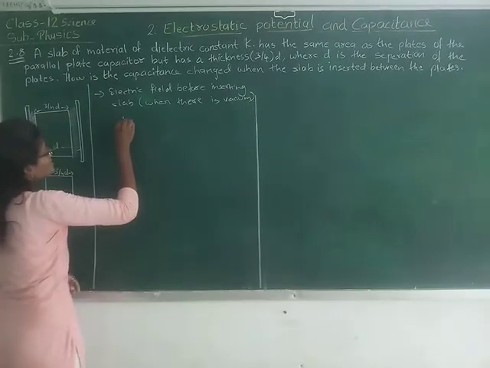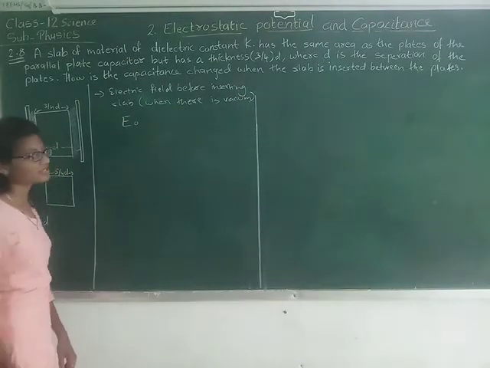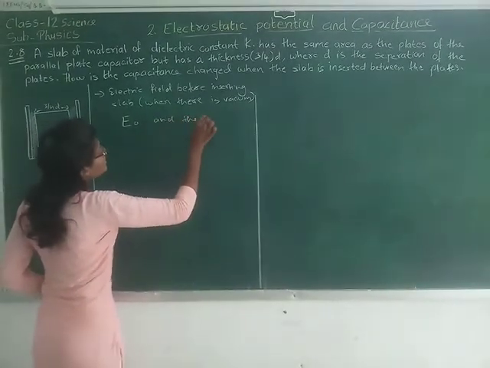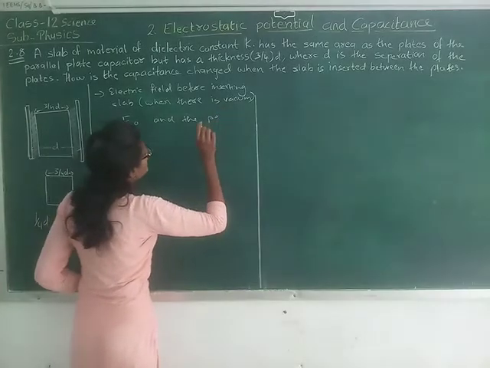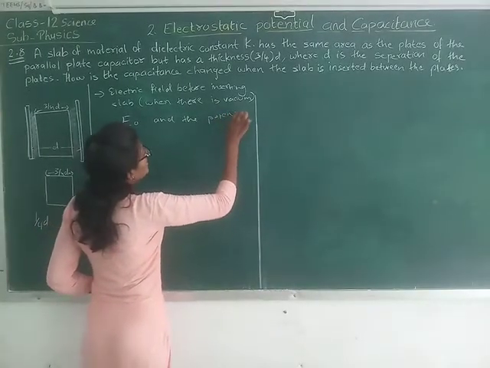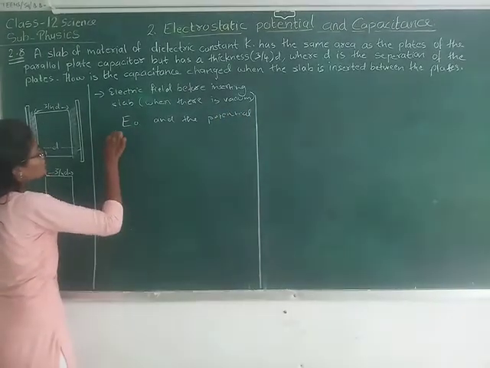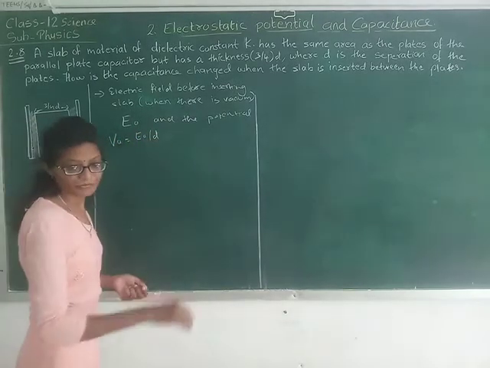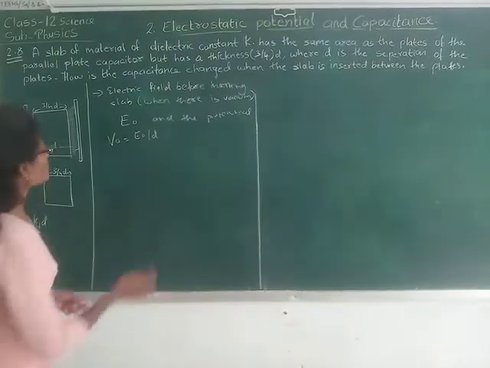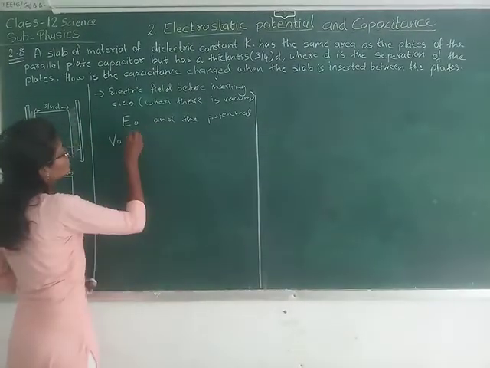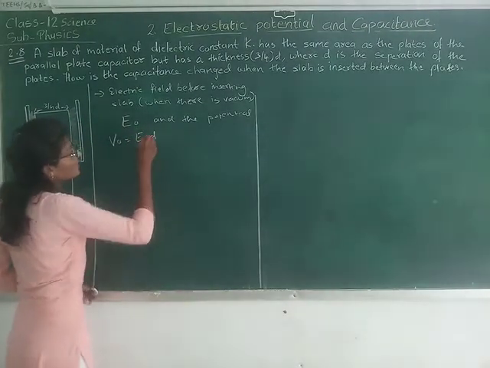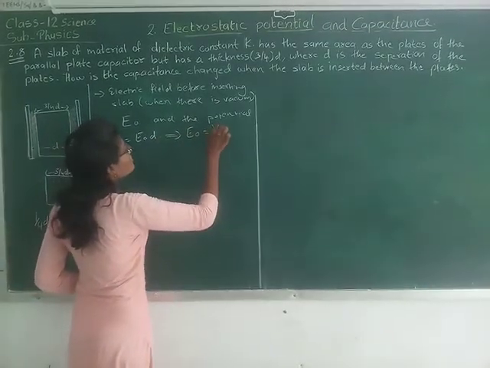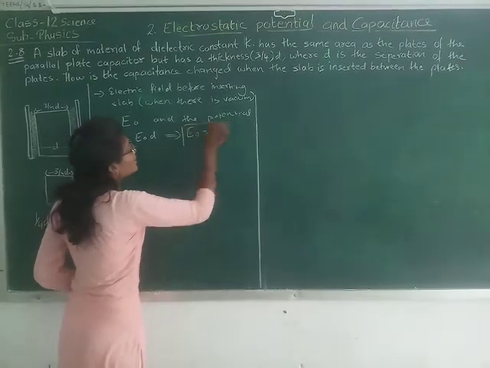In that case, let us consider the electric field as E0, and the potential in that case will be V0 equals E0 into d. Thus, we can say the electric field is nothing but V0 by d, right?